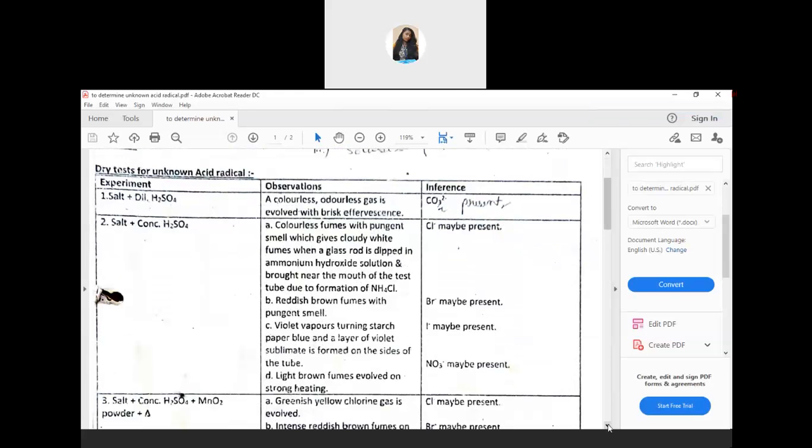In the laboratory, sulfuric acid is present as dilute sulfuric acid and concentrated sulfuric acid. So for the dry test, you have to take dilute H2SO4 first. So salt plus dilute H2SO4. When you add dilute H2SO4 in the test tube, the observation can be a colorless, odorless gas evolved with brisk effervescence.